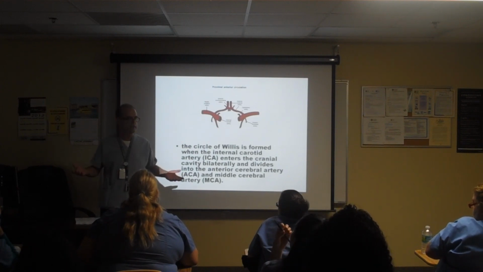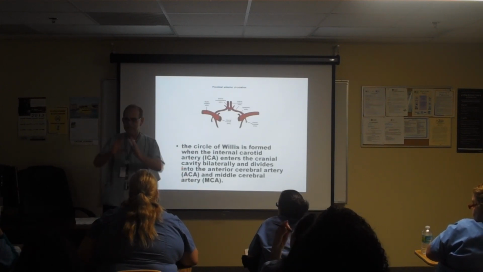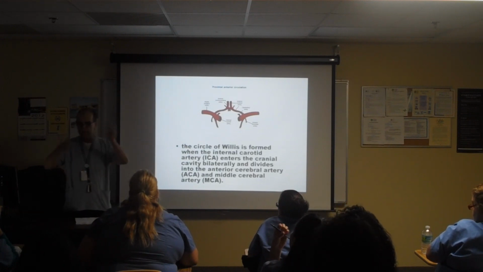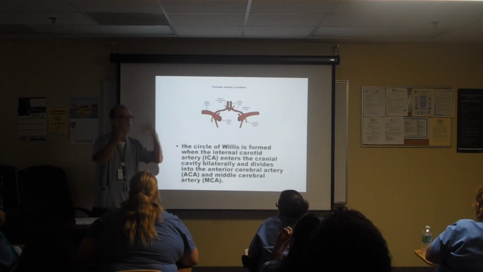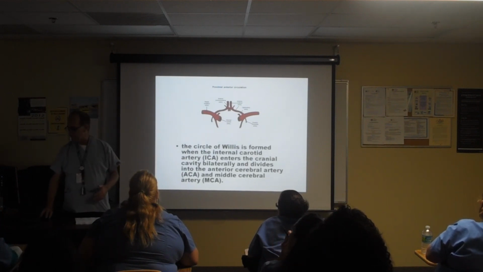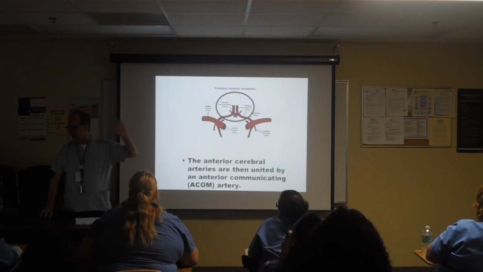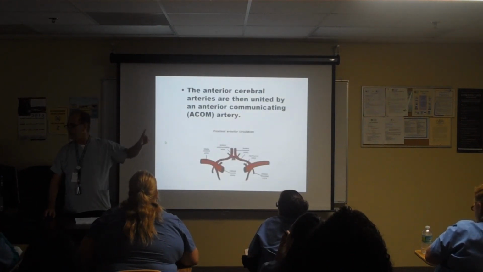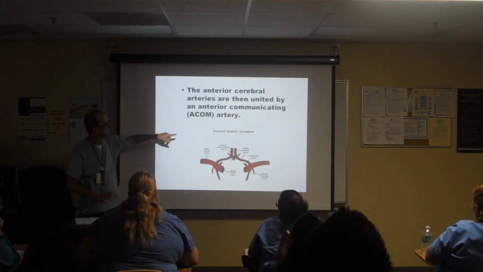Because even I don't know how to do it. And at this moment we are going to finish with the Willis polygon, everything, and go to the arteries that normally we are going to work. The anterior cerebral artery, the communicating artery. This is a review about the anterior cerebral artery and the communicating artery.